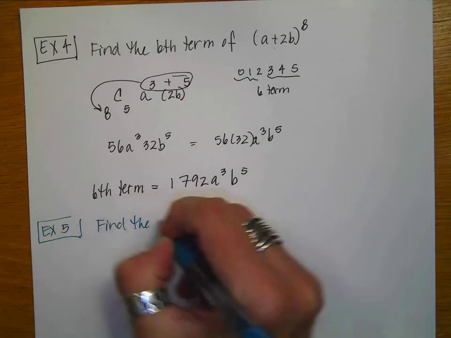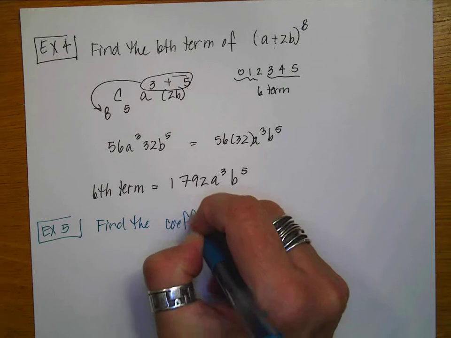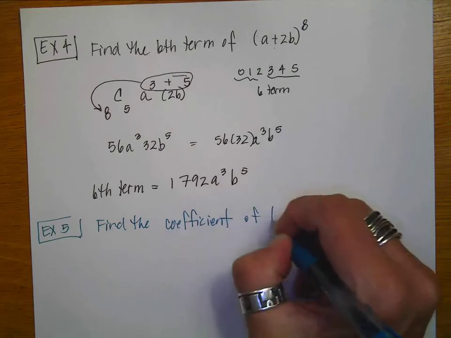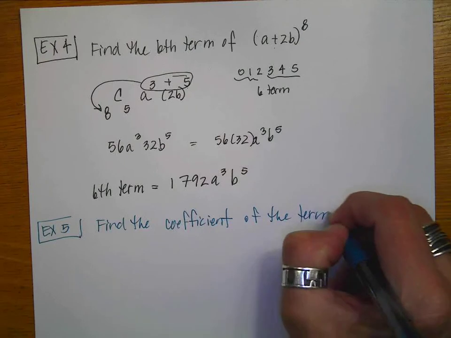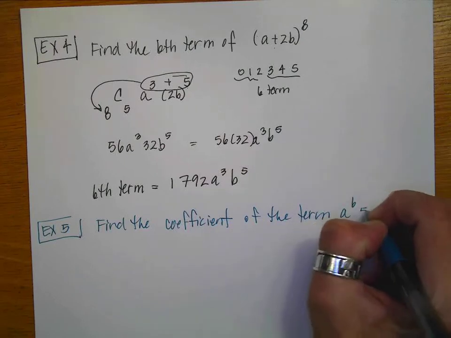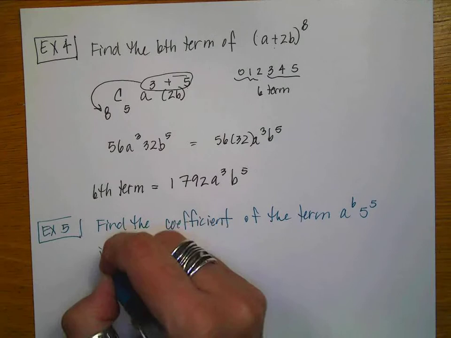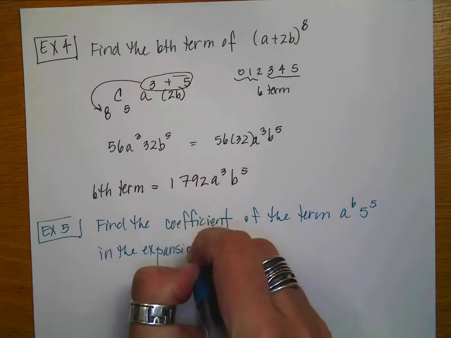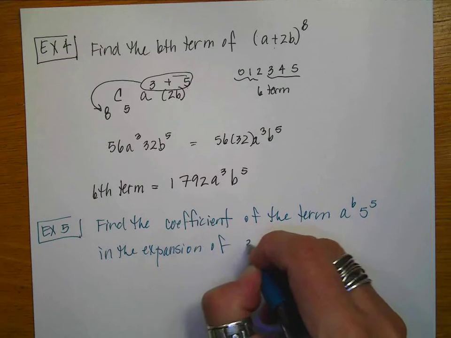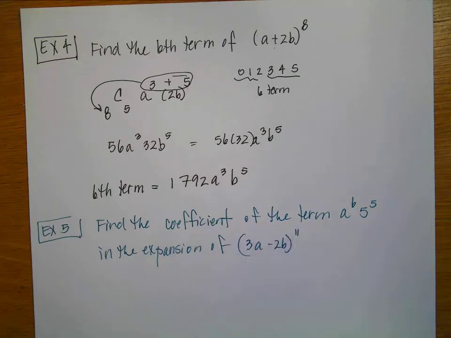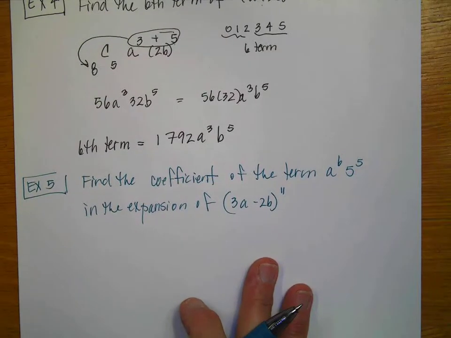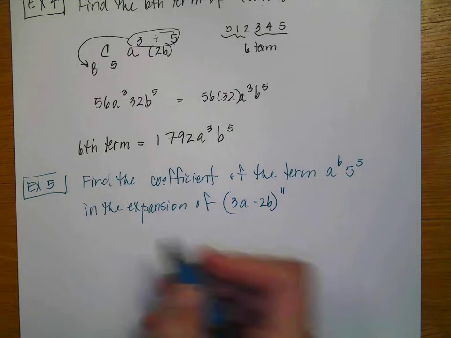All right, our last example, example number 5, says find the coefficients. So in this one, all I want is the number out front of the term a^6b^5 in the expansion of (3a − 2b)^11, okay?